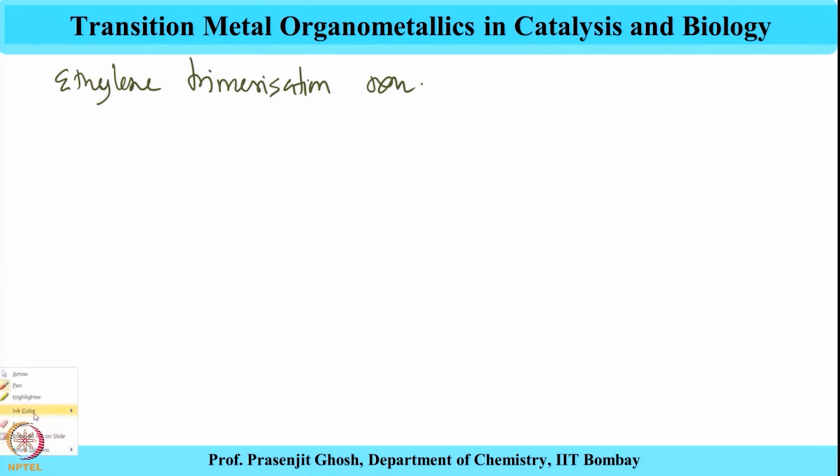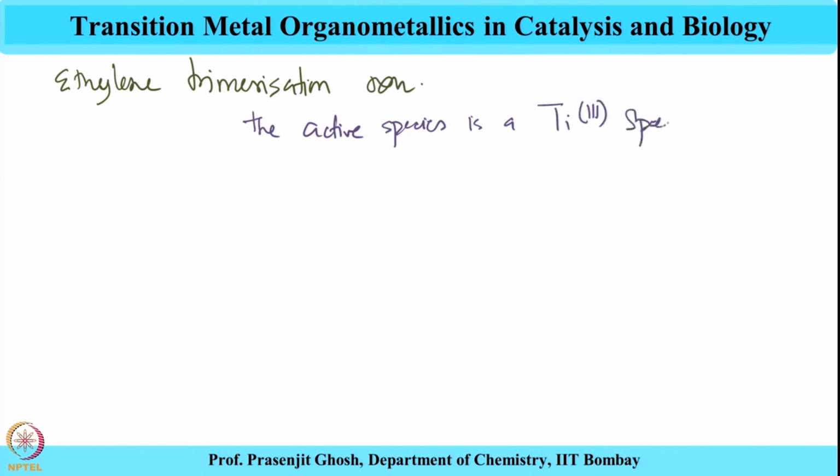The first is the formation of the active species, which is suggested to be a tantalum 3 species, and this active species is produced from the tantalum 5 compound precursor, as shown below.